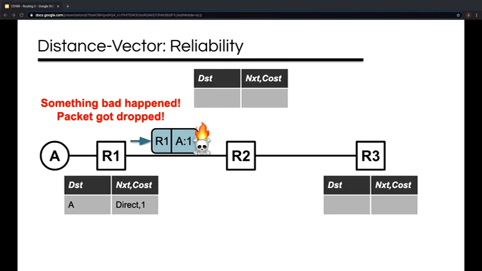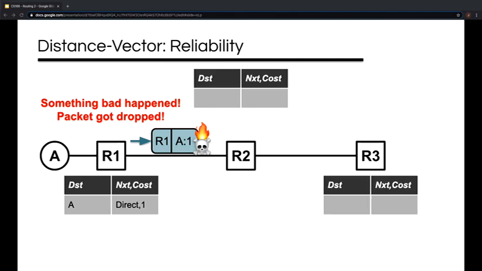If you were doing this in the activity, the equivalent of a packet being dropped would be if your neighbor didn't hear you. How do you fix this? Yeah. Retransmit, right?